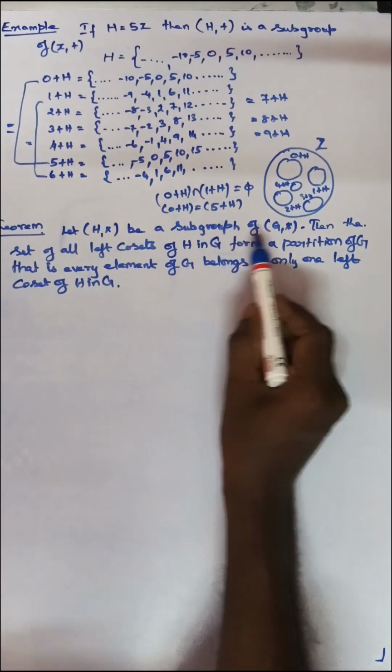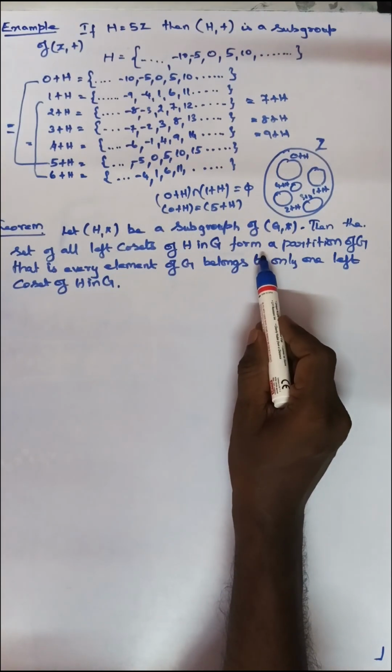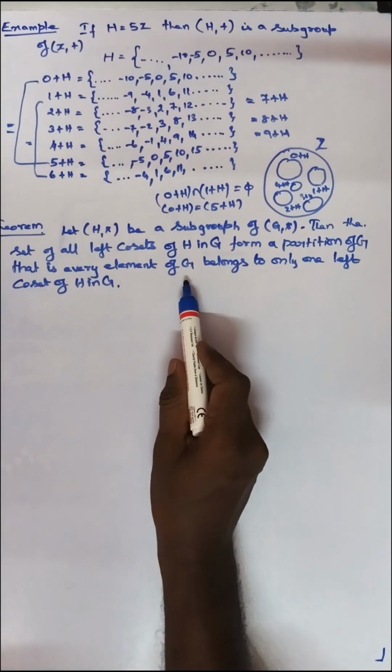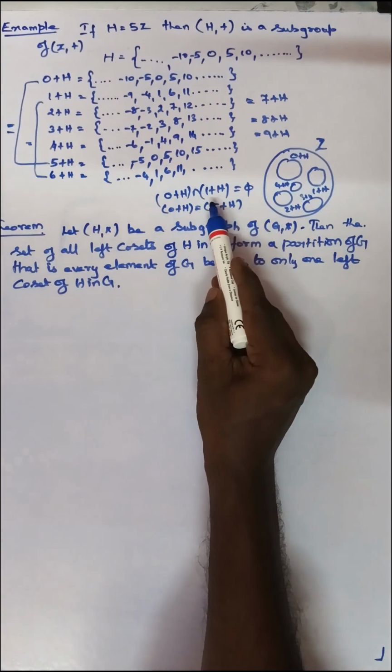H star is a subgroup of G star, then the set of all left cosets of H in G forms a partition of G. That is, every element of G belongs to only one left coset of H in G. That's what we have shown here.